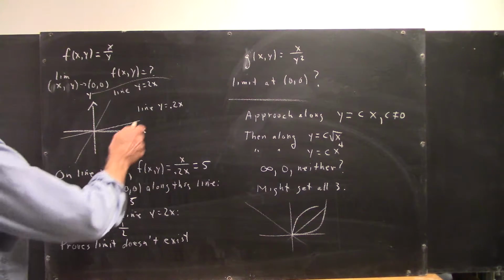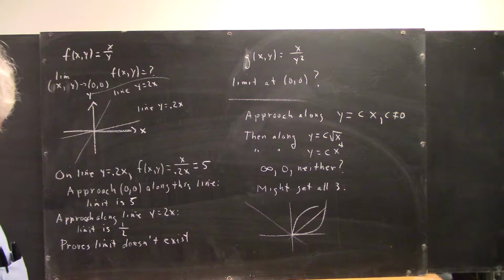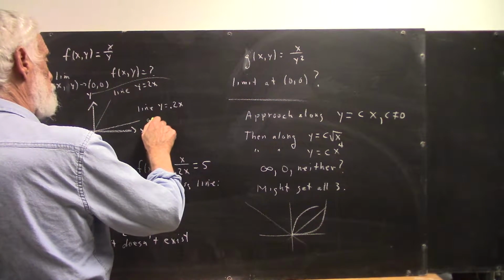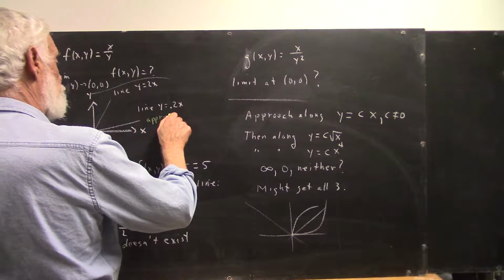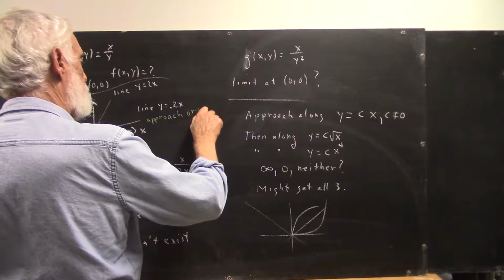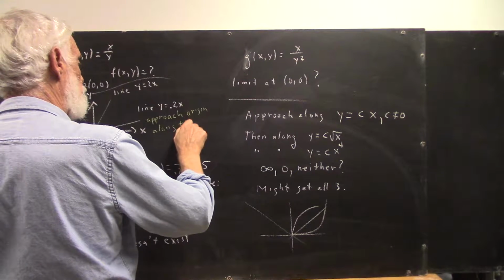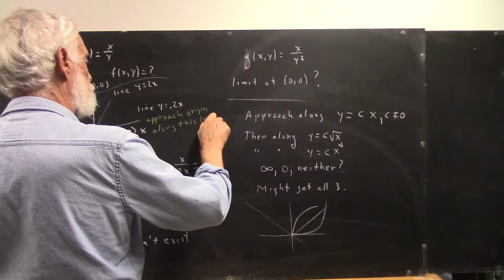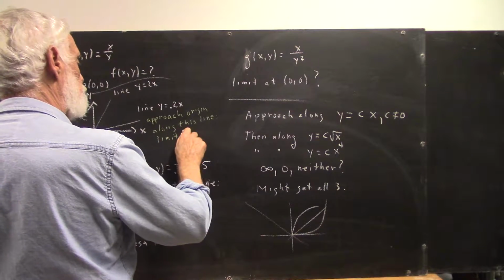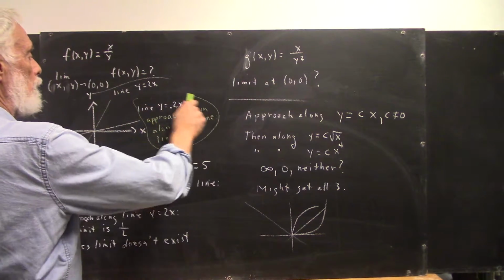So if you approach 0, I should say approach the origin, along this line, the limit is 5.